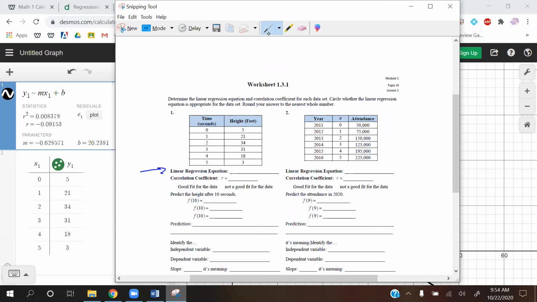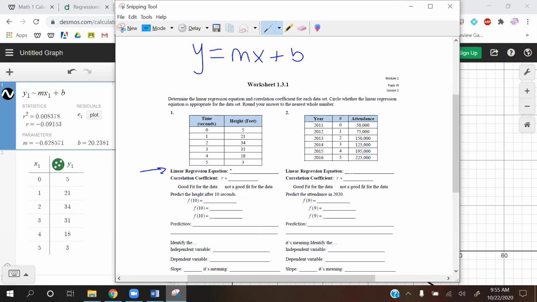All right. So we're going to write the linear regression equation. You're going to write it in this form, y equals mx plus b. You guys are already familiar with y equals mx plus b, but we're going to write it over here. Y, why is it not letting me type y? It saved the ugliest y.